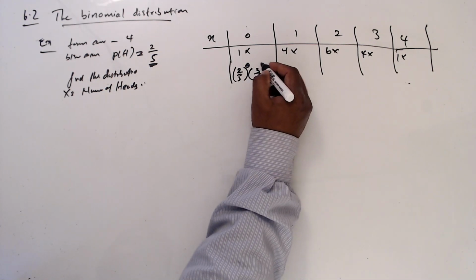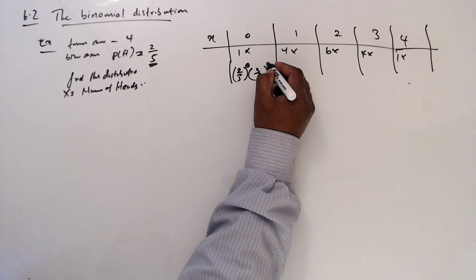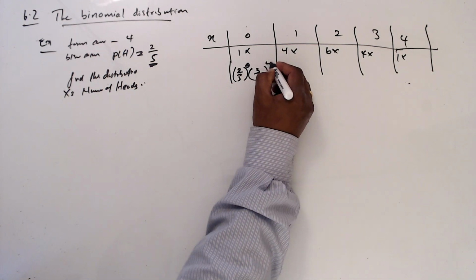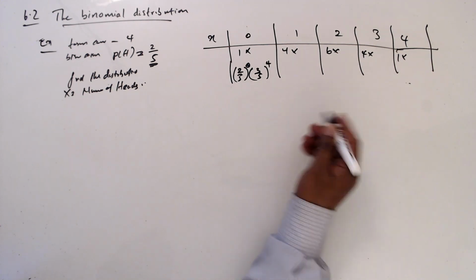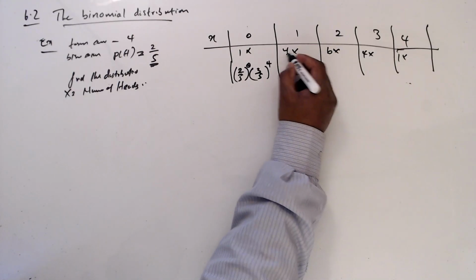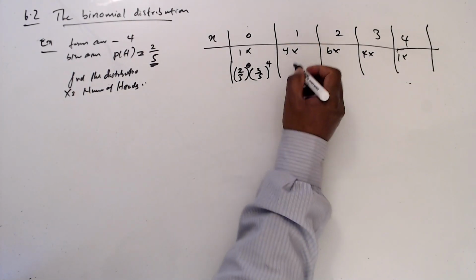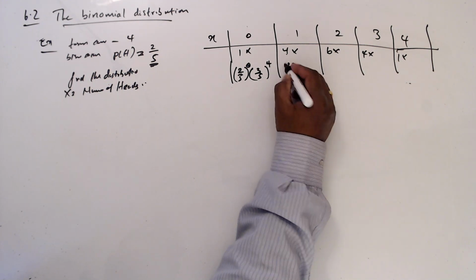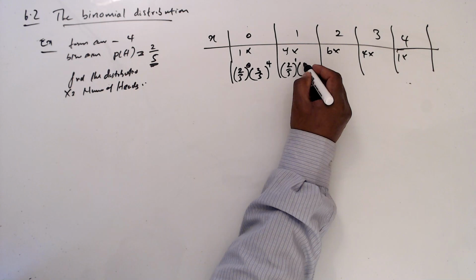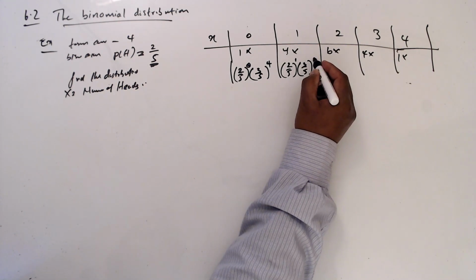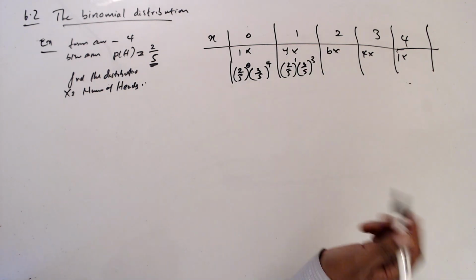So that has to be 4. And then 4 times we have that one: 2 out of 5 is 1, and none heads, 3 out of 5 is 3. 3 plus 1, 4. Done.